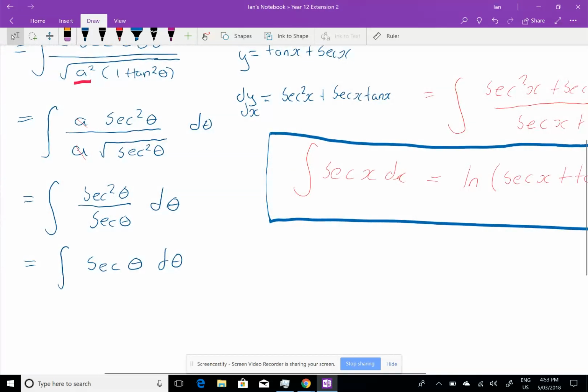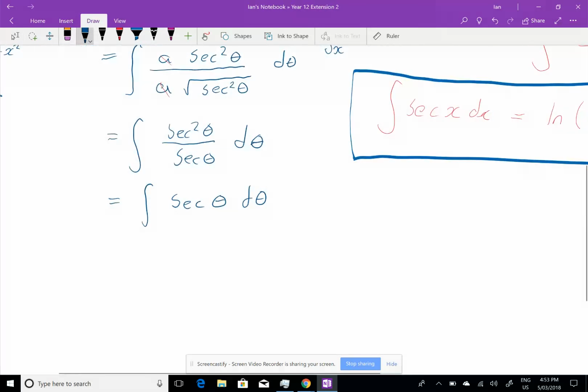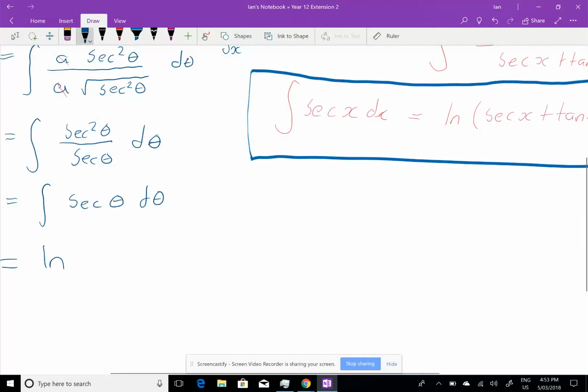So now, if we go back to this one, here we go. That's ln of sec x plus tan x plus some constant. And you think to yourself, great, I'm done. Well, not quite yet.